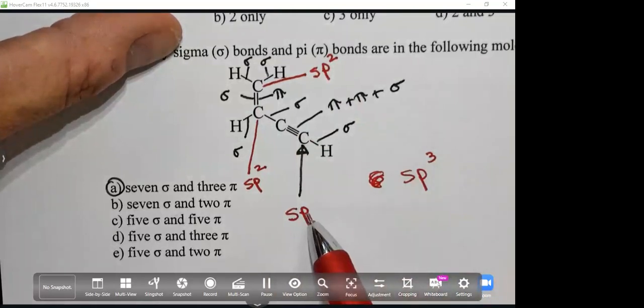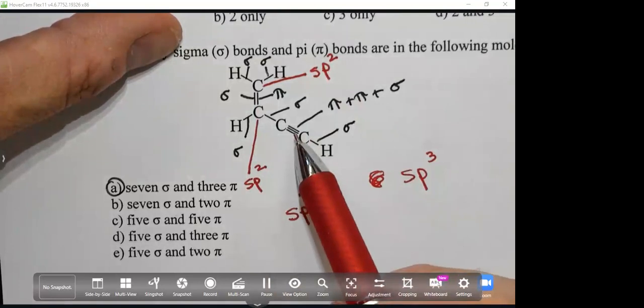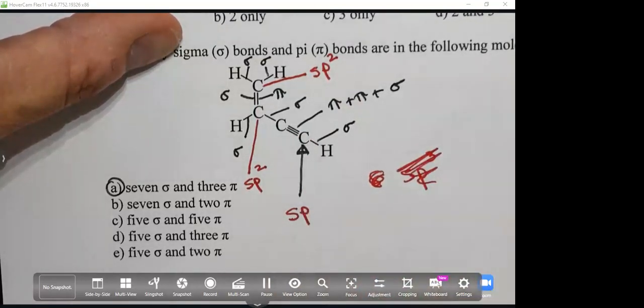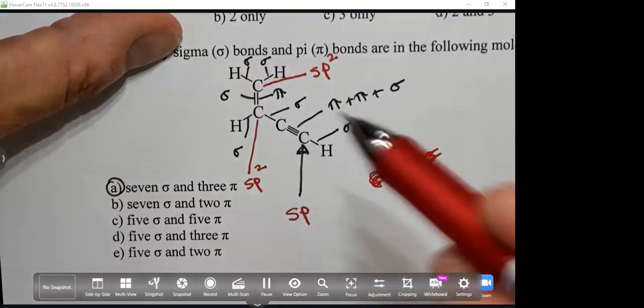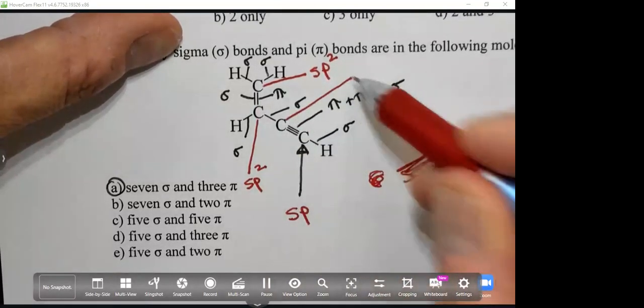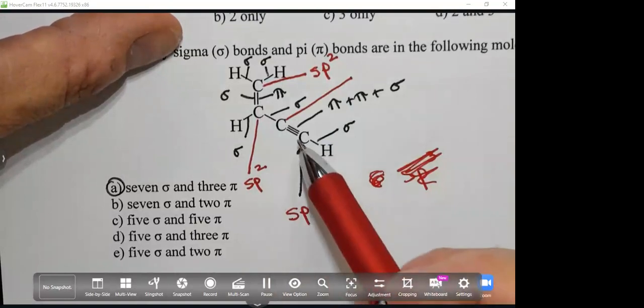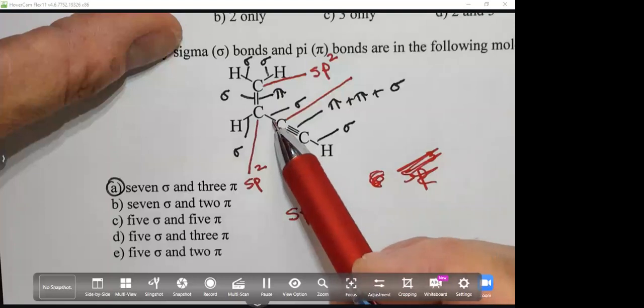This carbon here is sp hybridized because you have to have 2 pi bonds. You're going to have 2 p's left over. What's the hybridization of this carbon? It's the same, right? Because you've got a sigma, sigma.